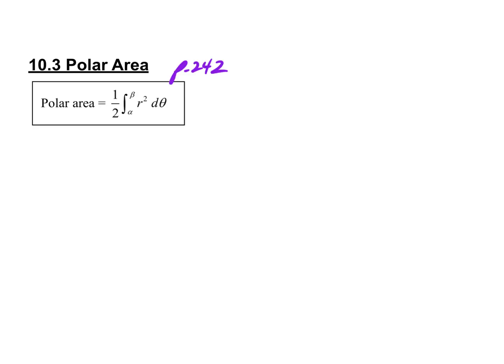And I'm just going to start you with the formula. You might want to have your book open if you want, page 242. This is the formula for polar area. And I'm not going to go through where this formula comes from. I'll explain it though. However, in Canvas, in this assignment, of course, like every assignment, there's the video of the instruction.